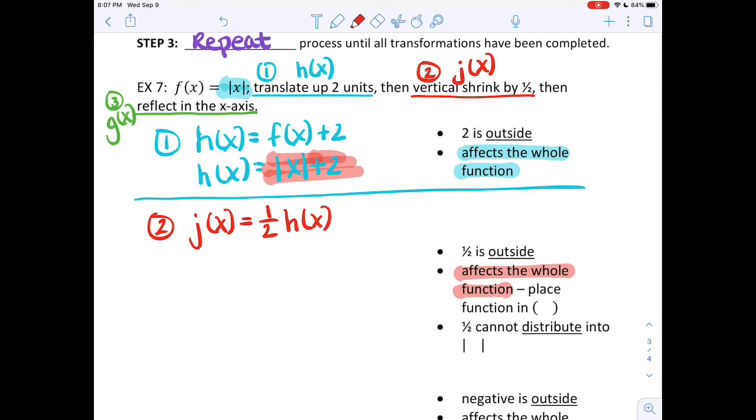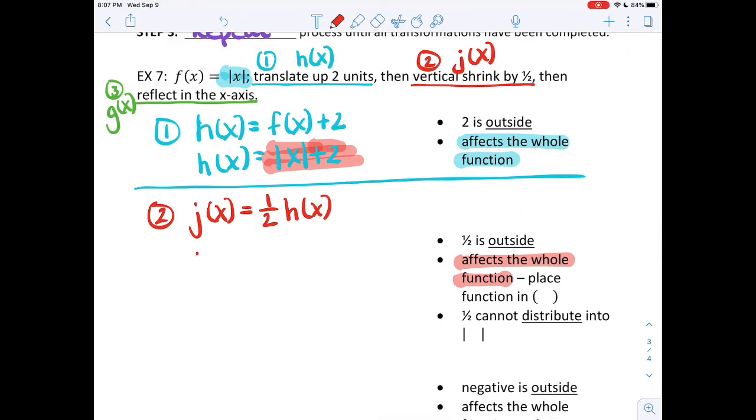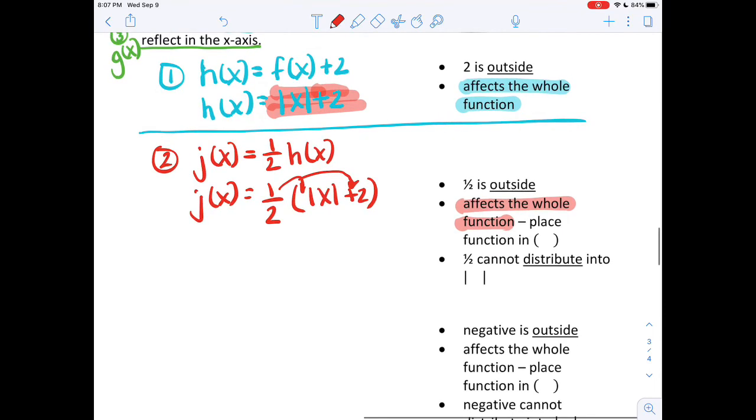So we are going to substitute that in. So j of x is equal to 1/2, and then I need to write my entire h of x function, so it's going to have to go in parentheses as absolute value of x plus 2. Distribute is our next step, so that j of x is equal to 1/2 of the absolute value of x. Remember, you can't go into those absolute value bars. And then finally, plus 1, because 1/2 times 2 is 1.